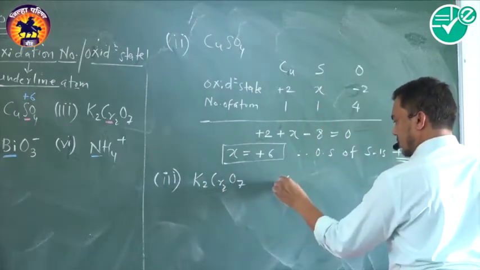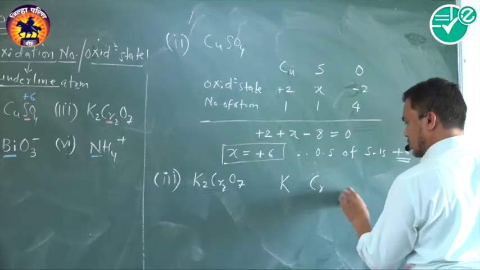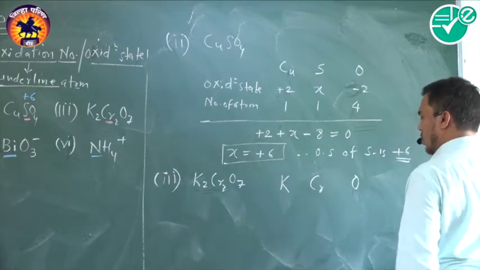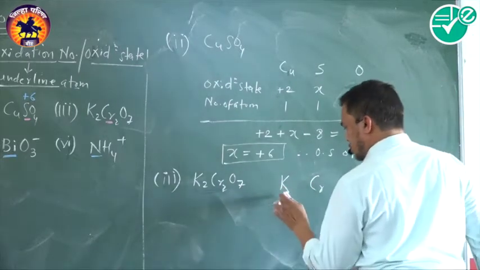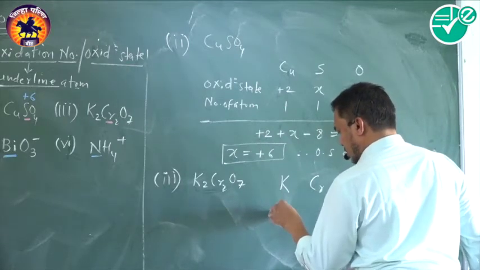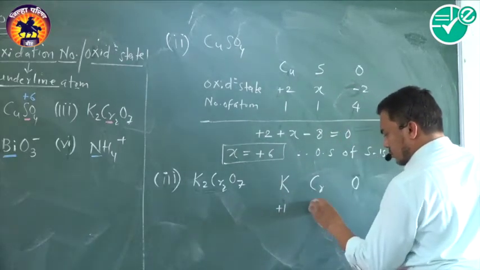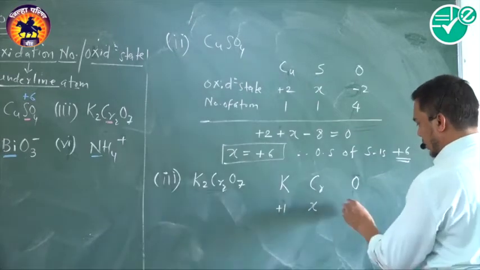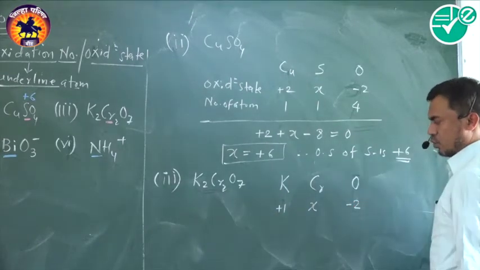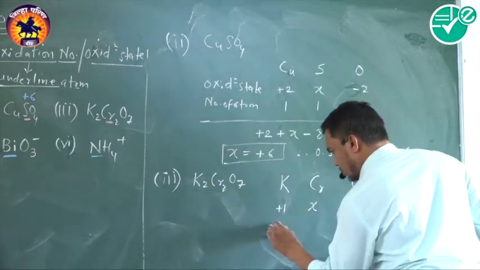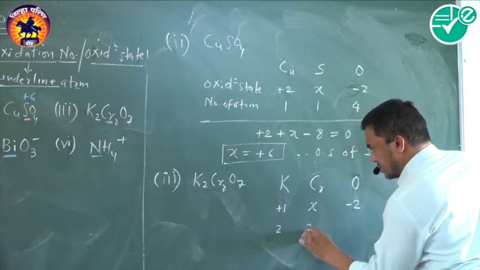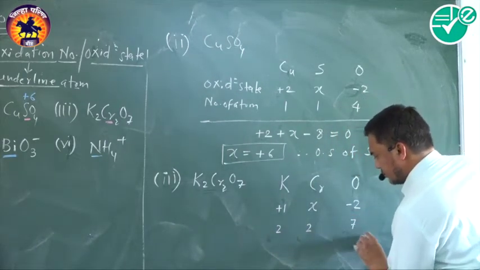In this case there are 3 elements: potassium, chromium and oxygen. The oxidation state of potassium is plus 1, chromium to calculate, and oxygen is minus 2. The number of potassium atoms is 2, chromium is 2, and oxygen 7.